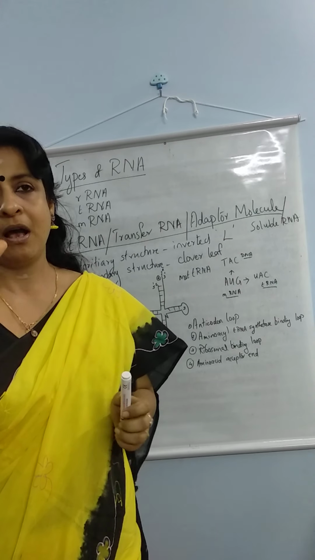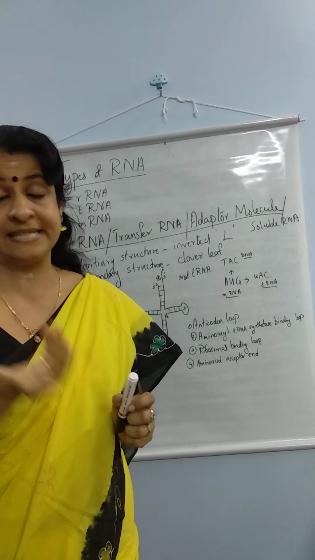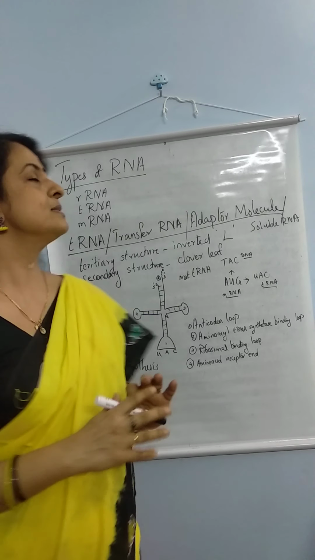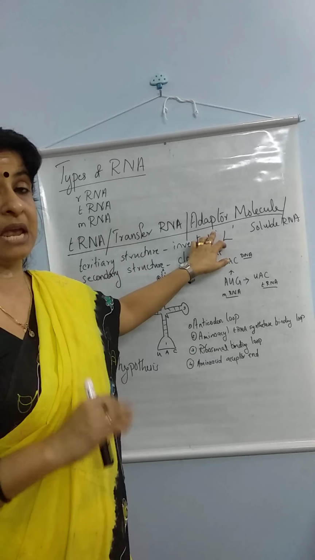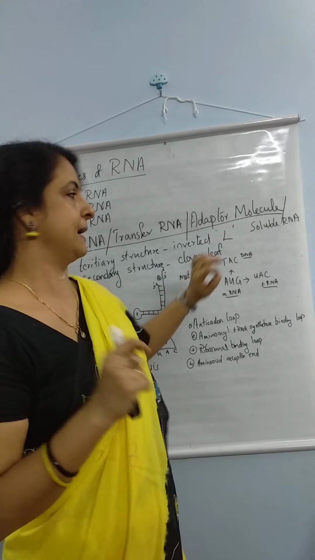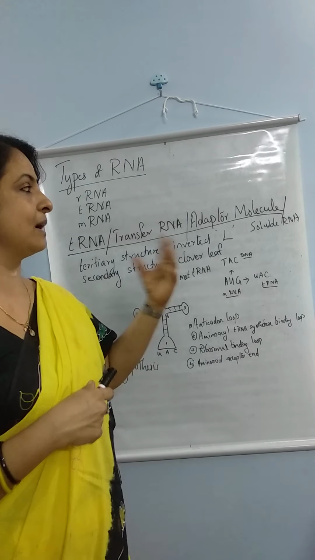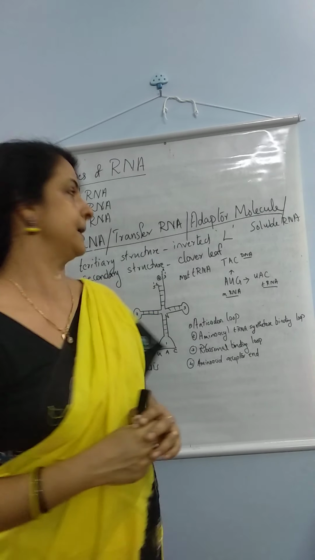Crick did not discover this molecule, but he said there should be one, so he was the person to give the name adapter molecule to tRNA. But later another person called Holley discovered the structure of tRNA.